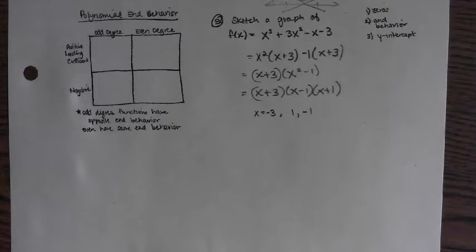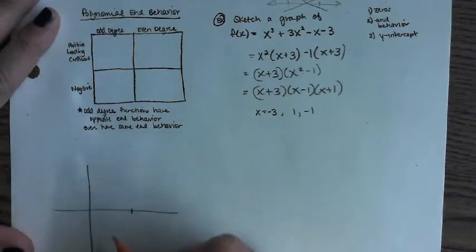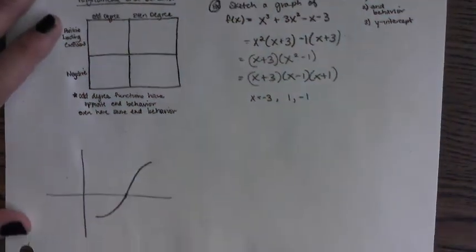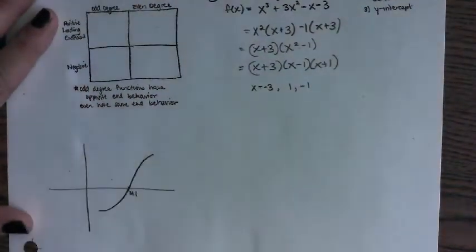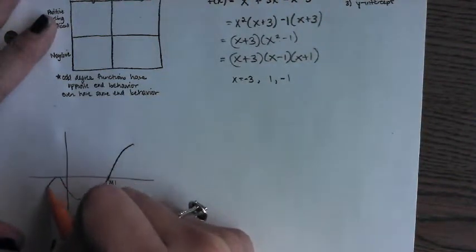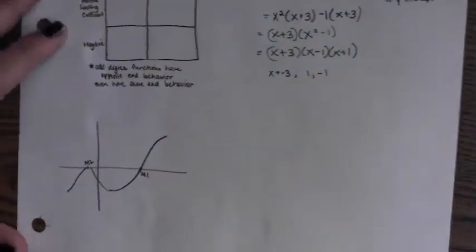So, as far as multiplicity is concerned, if something has a multiplicity of 1, it's just going to cut through evenly or smoothly. I'll just put M1. If something has a multiplicity of 2, it's going to bounce. So I'm going to put M2 for multiplicity of 2.